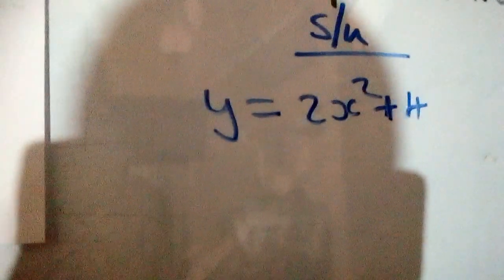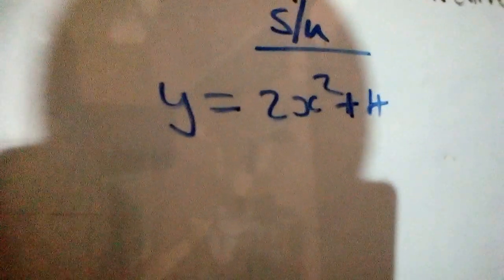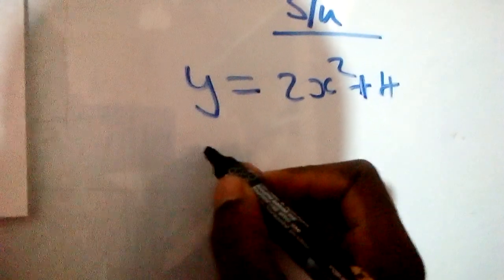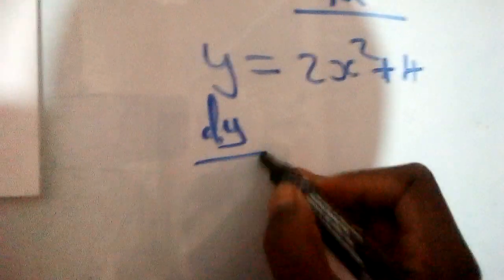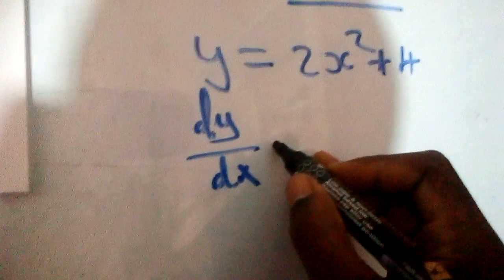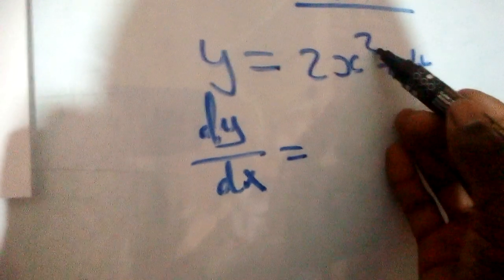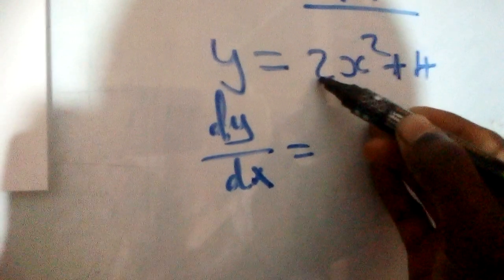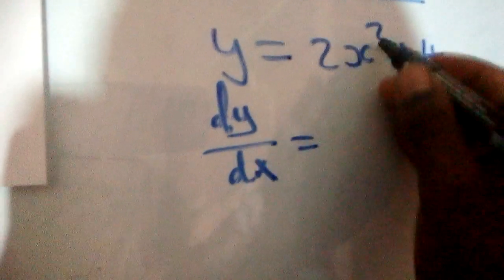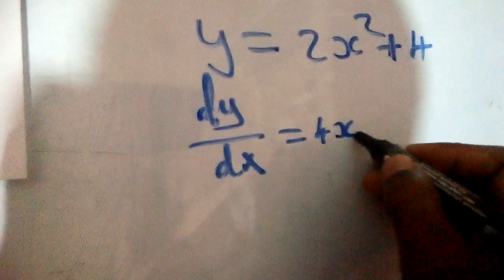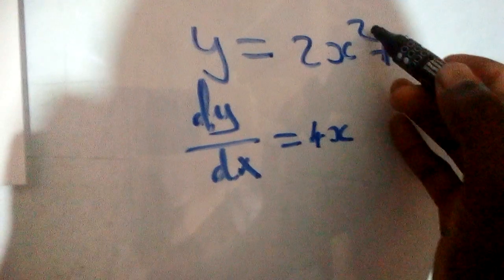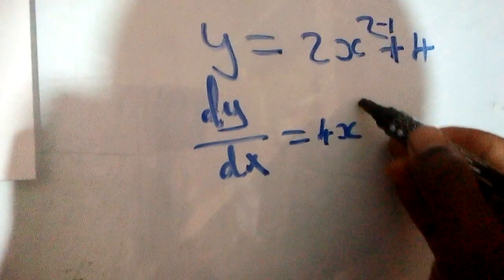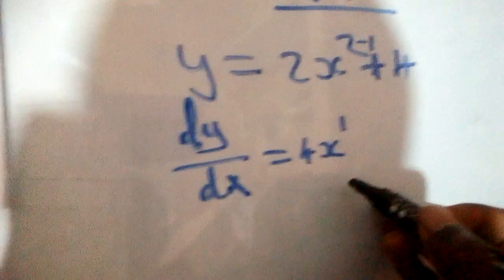If you have something like this, then you're asked to differentiate, you're going to have dy/dx, and this will equal this 2 multiplied by this 2, so 2 by 2 is 4x. Then this 2 we subtract 1, and you just have x to the power of 1.